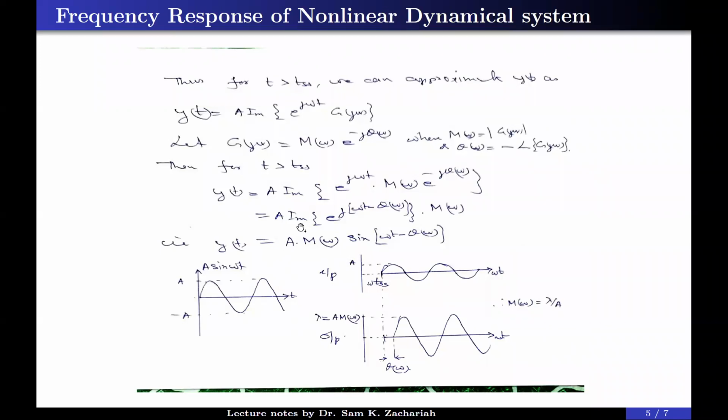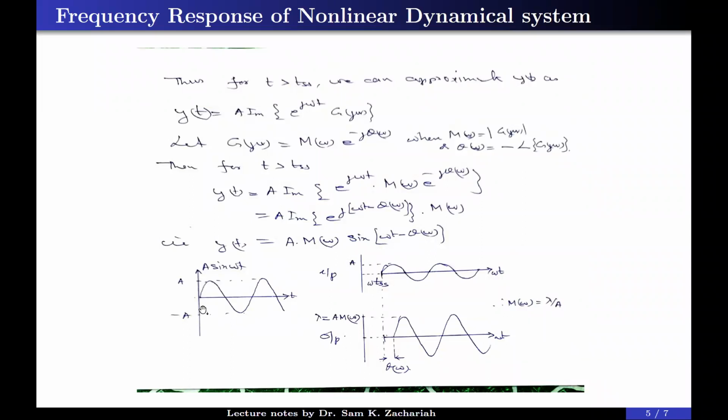The imaginary part of e raised to j omega t minus theta omega is nothing but sine of omega t minus theta omega. Thus, I get an expression for yt for a stable LTI system for t greater than a sufficiently large time TSS: the output is A into m omega sine of omega t minus theta.